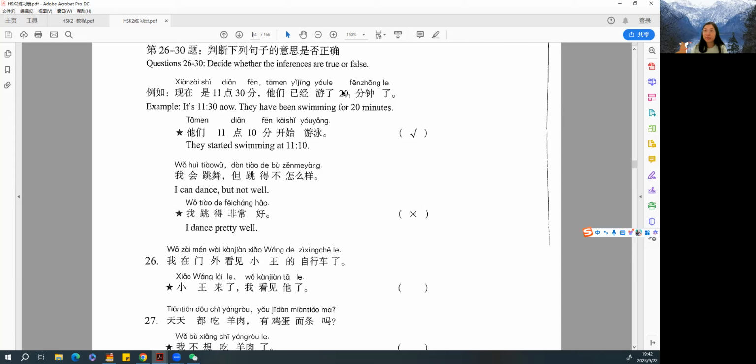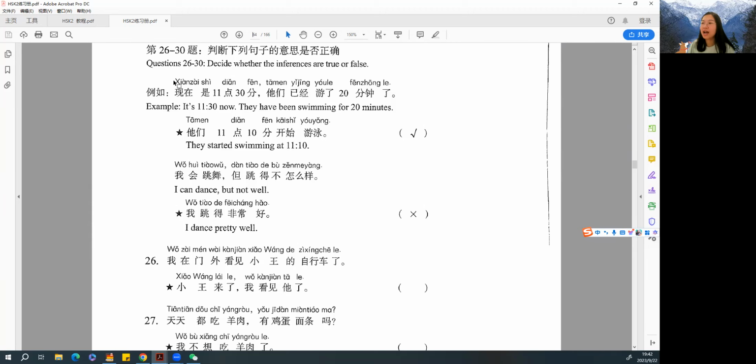And then the question may be asking at what time did they start to swim? Or how long did they swim? Or what time is it now? So you know exactly what the question is, what the sentence means, and also the options, so you can choose the correct one. All right, just pay attention that whenever it relates to numbers, try your best to understand the sentence completely and also the question completely.